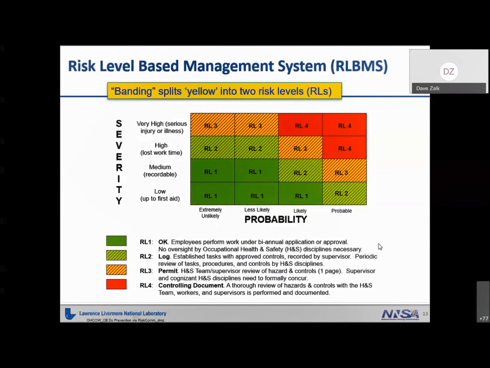Since it's a management system, the control is how do we manage the information, how much EHS resource do we need? EHS resource increases as the risk level goes higher, and the need for documentation and getting more information increases as it goes higher. So that is the basis of a risk management control banding system known as RLBMS.